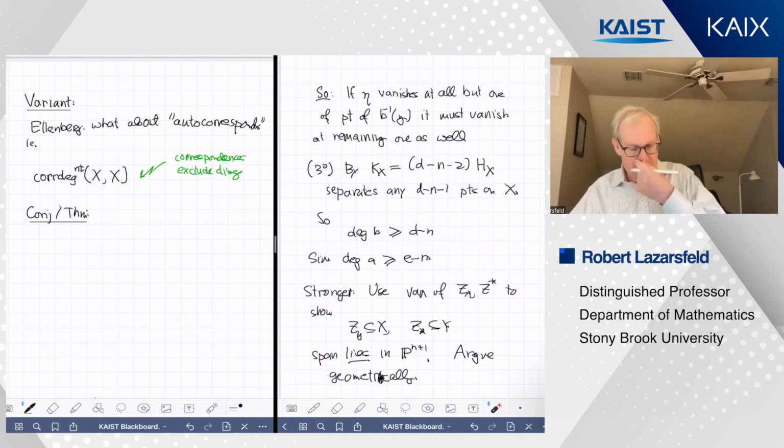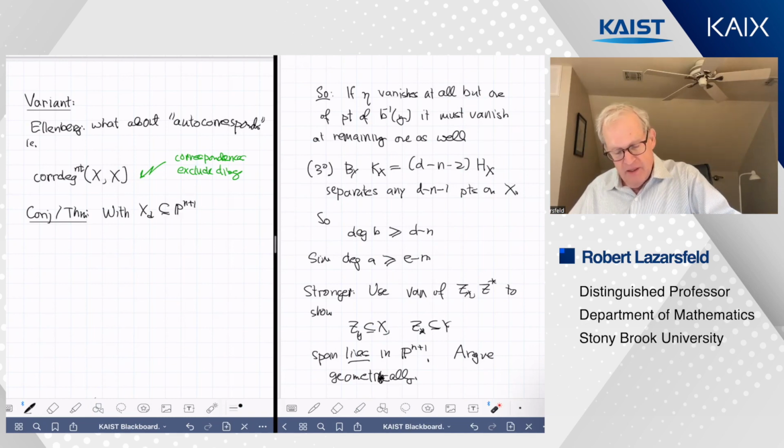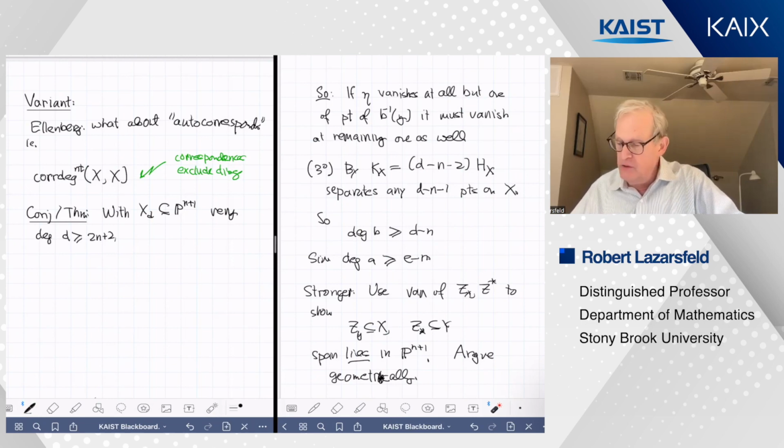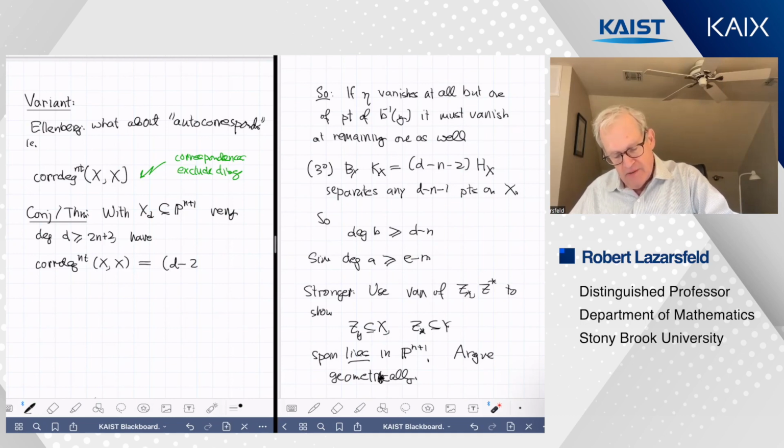The claim is that in the situation of the theorem before, with X as above, X of degree d in P^(n+1), very general, with d at least 2n plus 2, this autocorrespondence degree, there must be a better name for it, between X and itself is (d minus 2) squared.